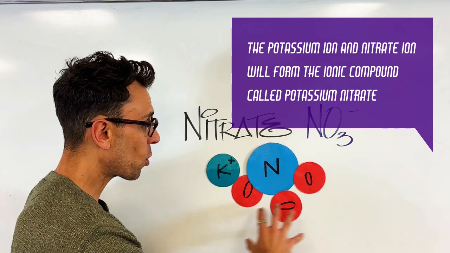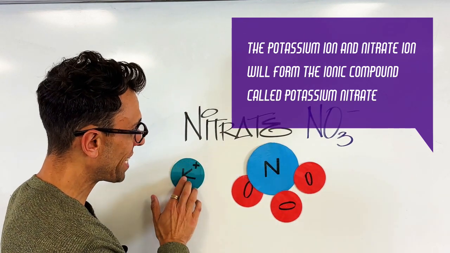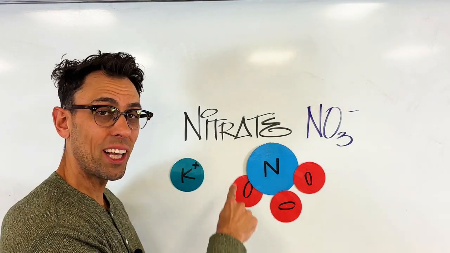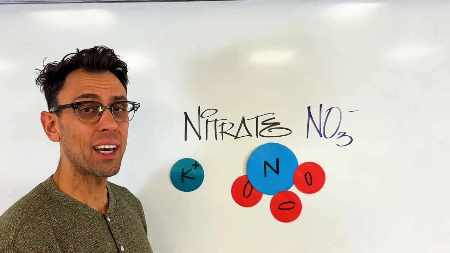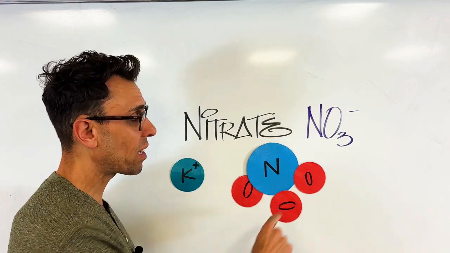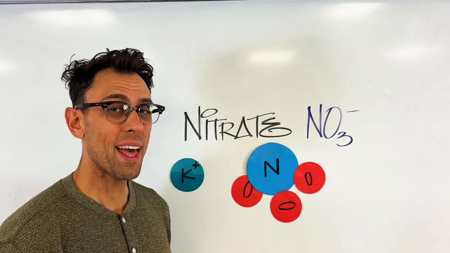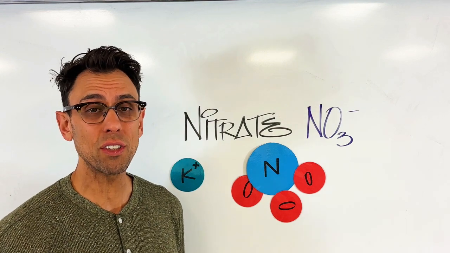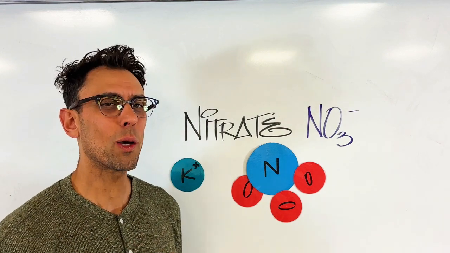So this would be an ionic bond between potassium and the nitrate. But don't forget, the nitrate itself, the polyatomic ion itself, is a group of atoms, nonmetals, covalently bonded to one another. Now, polyatomic ions can be positively charged as well. Let's take a look at one of those next.